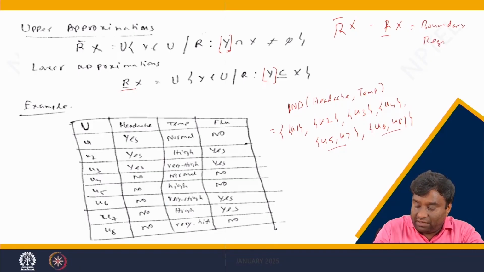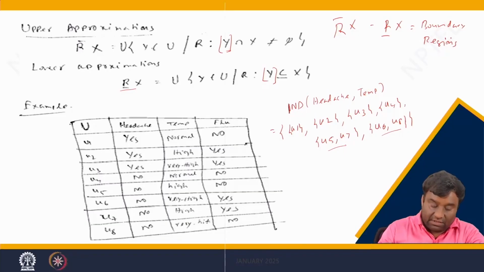So we have learned these things. Now there is an example. Here are some objects, u1, u2, u3, u4, u5, u6, u7, u8. There are two attributes, headache and temperature, and one decision attribute, flu.